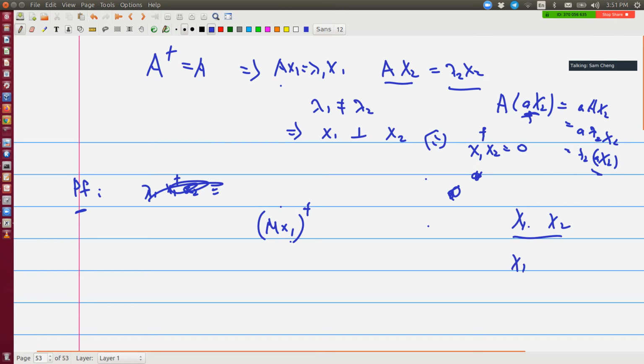That means that there do not exist a and b such that a x1 plus b x2 equal to 0. That does not exist. Otherwise they would be linearly dependent. So, linearly independent.